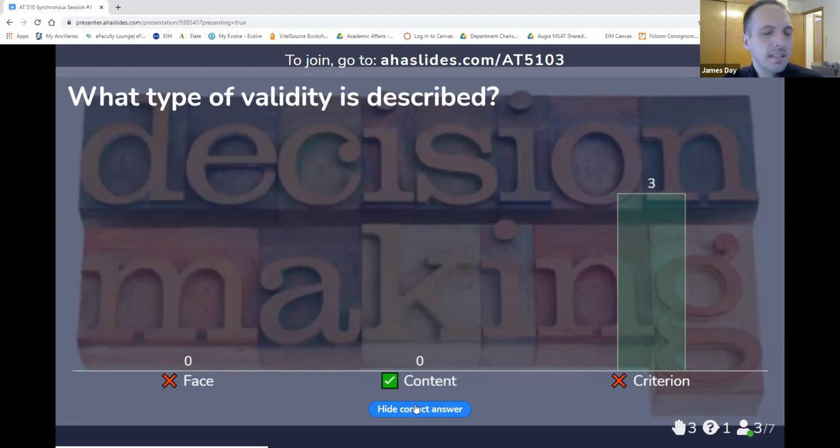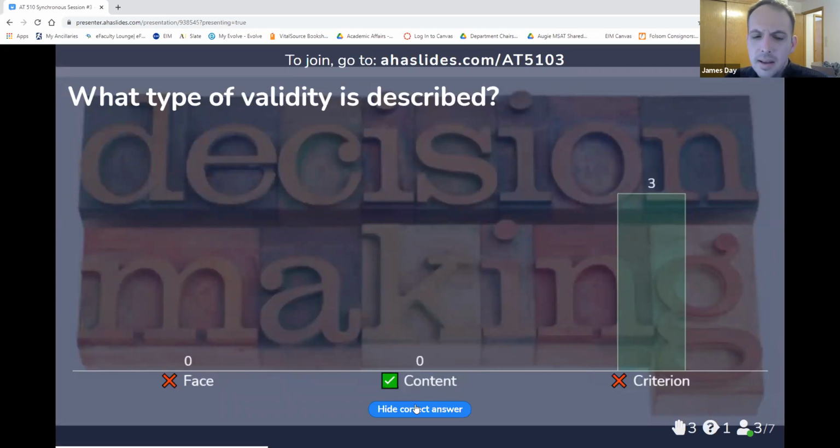A face validity component would be like if you measured height with a tape measure versus a line on the wall, right? You probably don't need to actually assess that. On its face, it would be similar in nature.